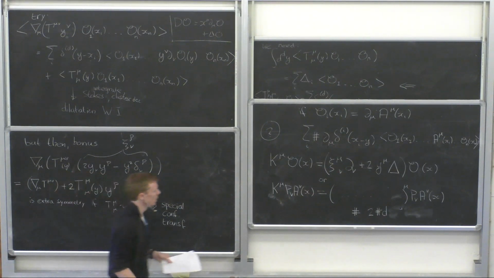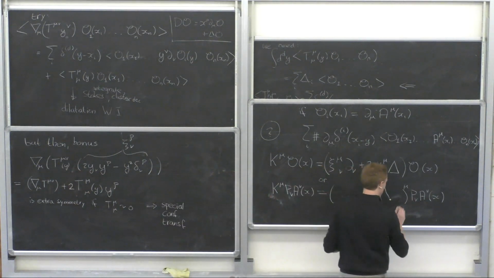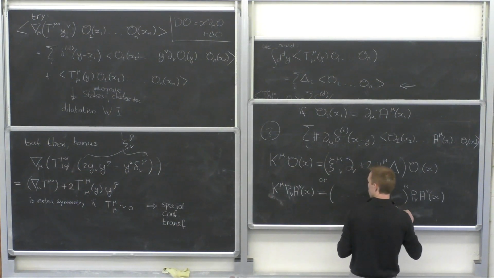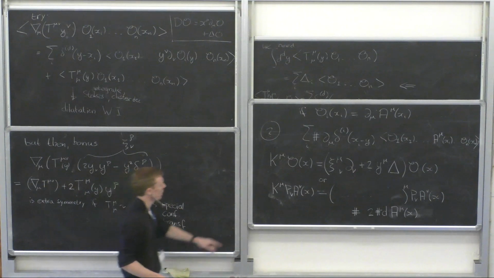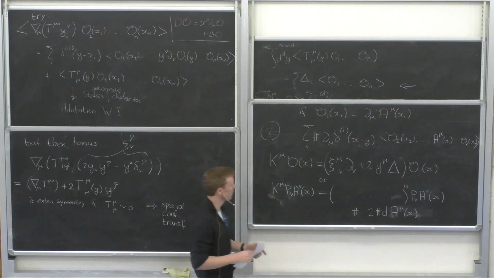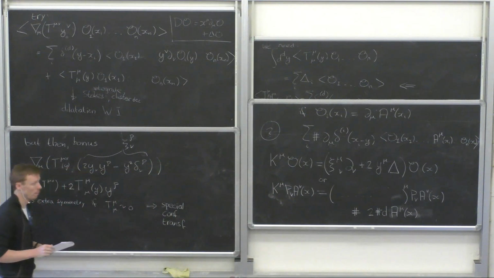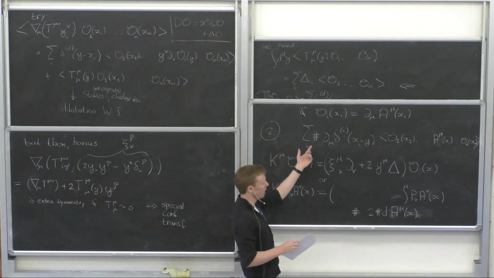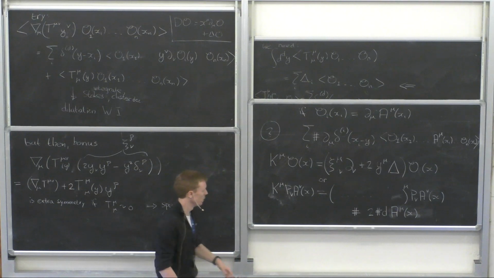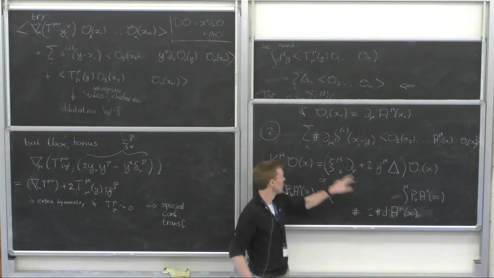A mu of x. Because there's an extra derivative and an extra y, so by integration by parts, the derivative hitting the y is going to give you a d, so you get an extra d, and then this number is the same as that number.